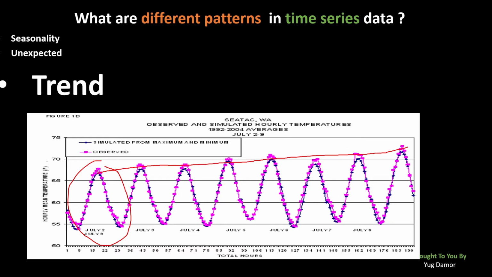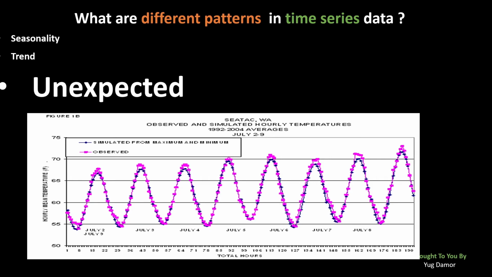If this is around 50, then here it will be around 51, then over here around 52 or something like that. So this is known as a trend. It is increasing along with the seasonality.